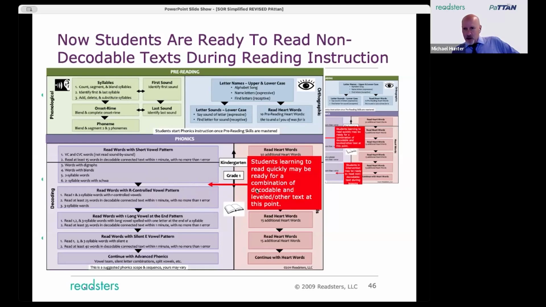Doesn't mean you stop instruction, but it means they can start to navigate some leveled text on their own and develop language comprehension through text.